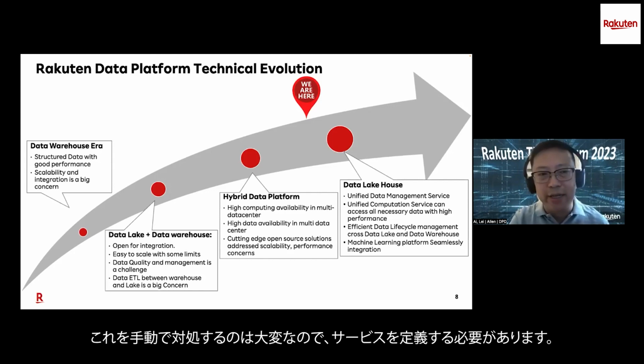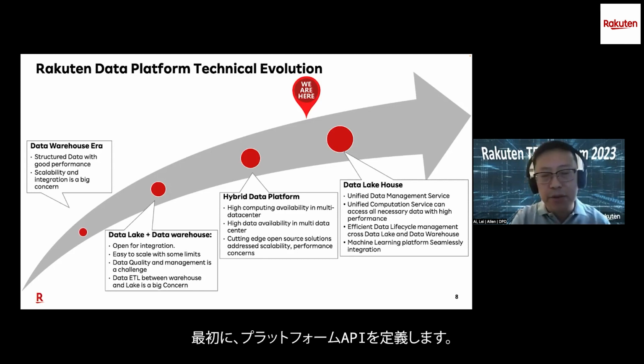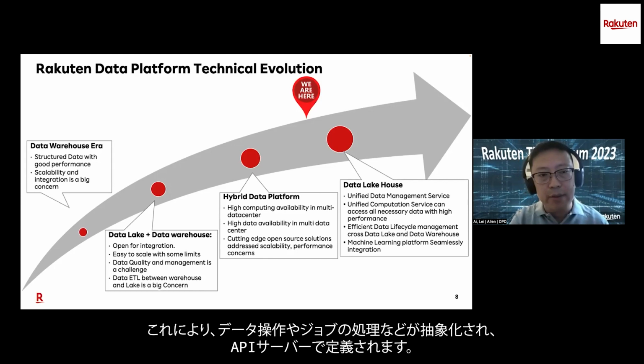I can do a deeper dive on the data warehouse later, but at a high level, everything is structured and fully managed. It is good in terms of performance, but we had some scalability issues after some period of time.